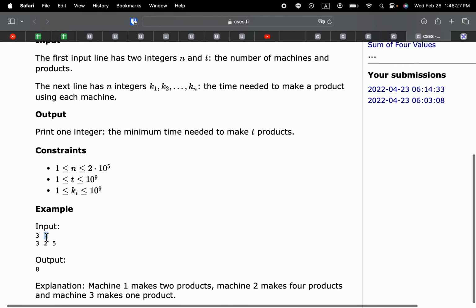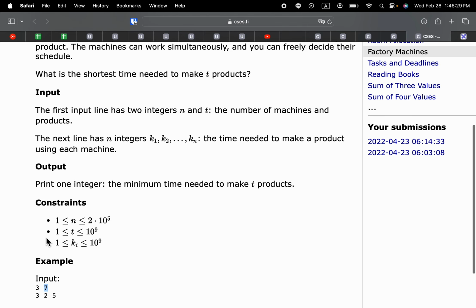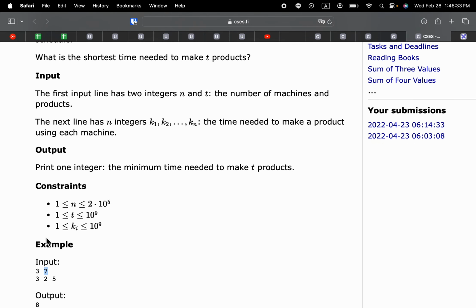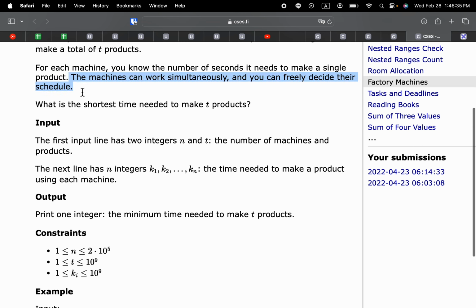In this situation, obviously it is best to run all the machines at the same time. And then when a machine is done with a product, you just make it make another product. All the machines need to be working at all times. That would be good, right? So, this is pretty simple and intuitive.